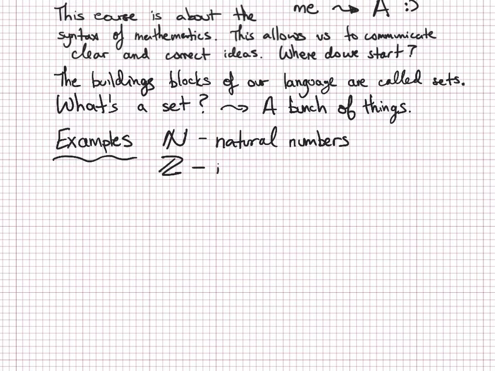We could have Z, which is the integers. I could say, I'm not sure, all the particles in the universe. That's a perfectly reasonable set that we will certainly not be studying in this course.